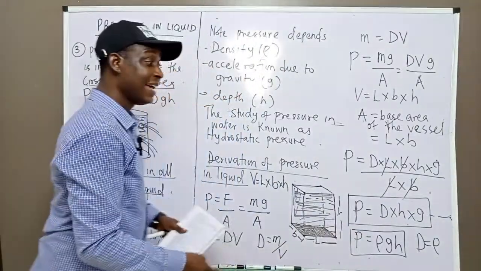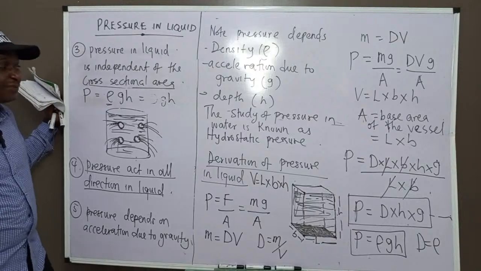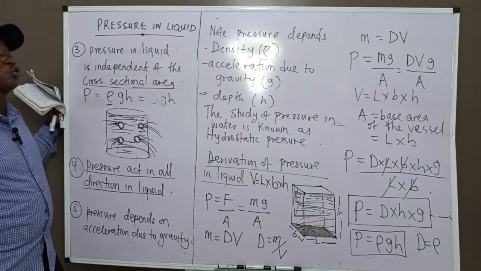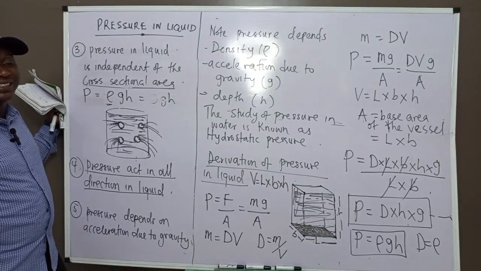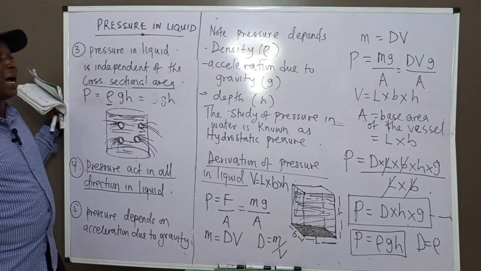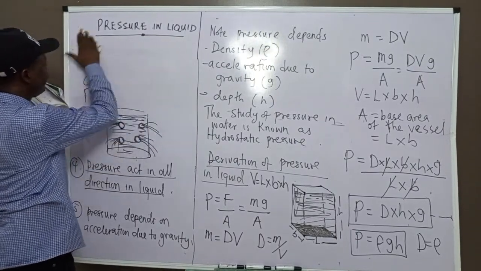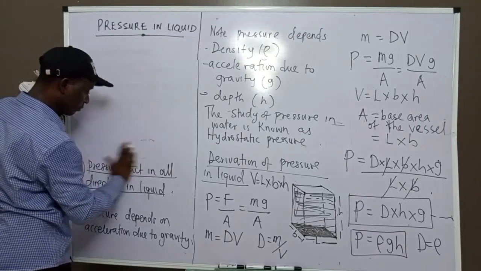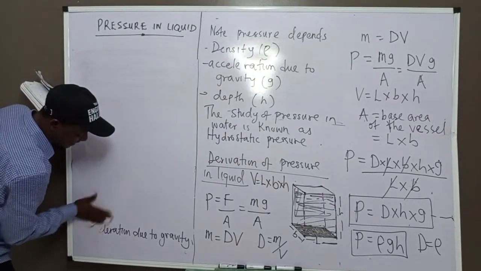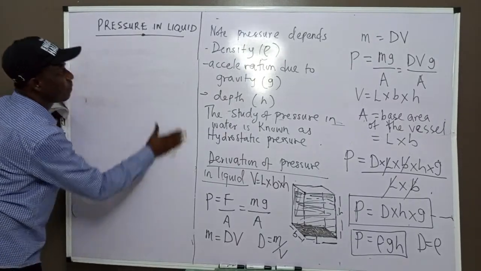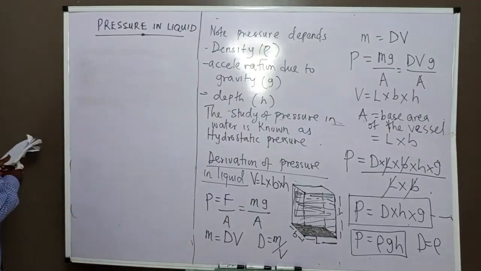Specific gravity is what we call relative density. I've told you how to convert relative density to density. Density can also be called the mass density, because it's mass over volume.